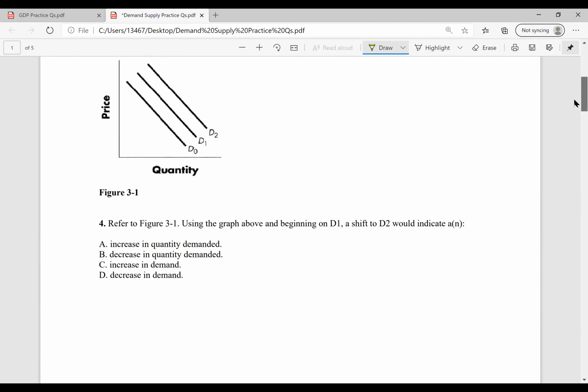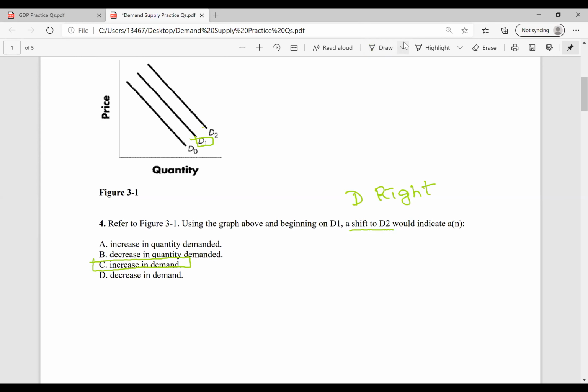My initial demand curve is this one, D1. It says a shift to D2. That means the demand curve is shifting to the right. Okay. What's going to be the answer here? It's going to be the increase in demand.